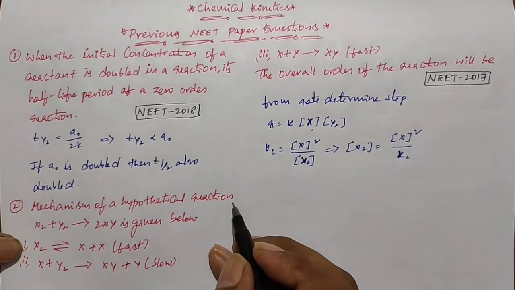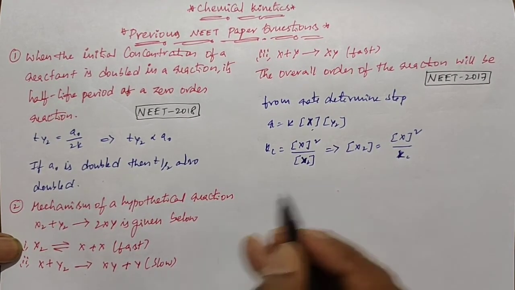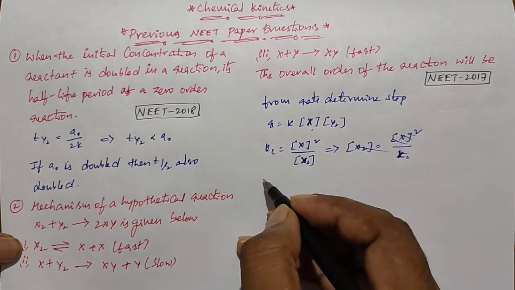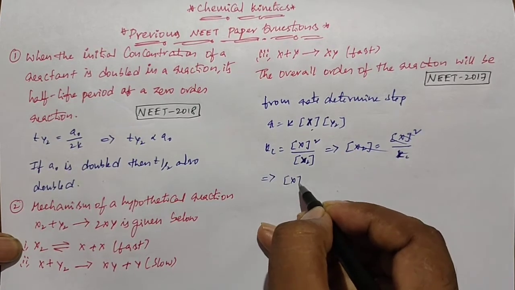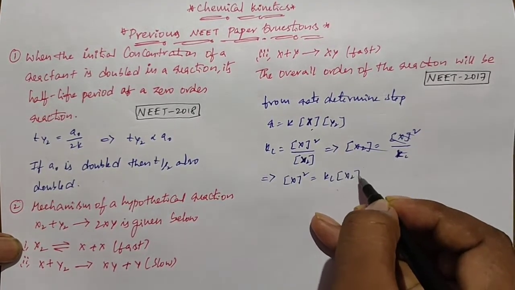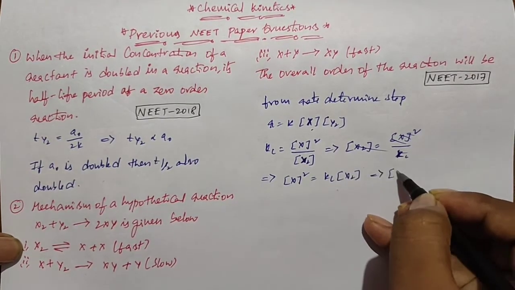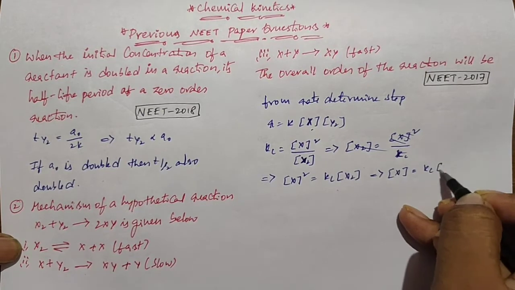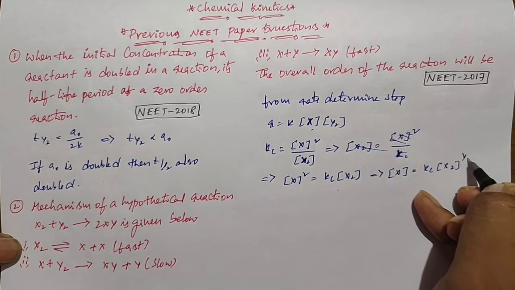Sorry, we need to rearrange this for the concentration of X. So concentration of X square is equal to Kc into concentration of X2. After that, concentration of X is equal to, when you send the square to this side, Kc into concentration of X2 whole power 1 by 2.